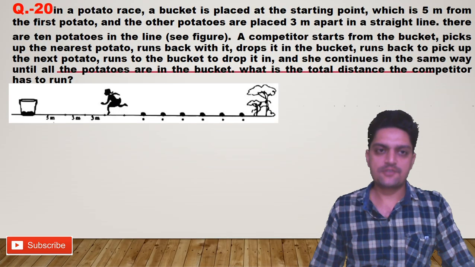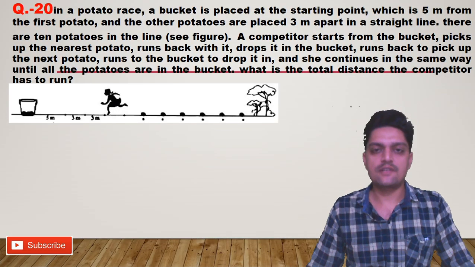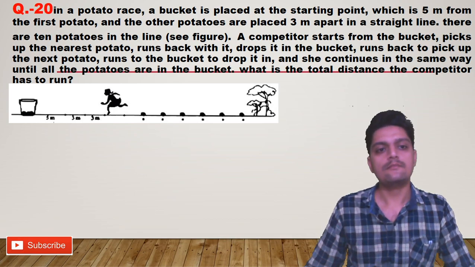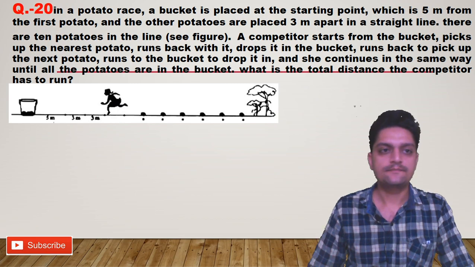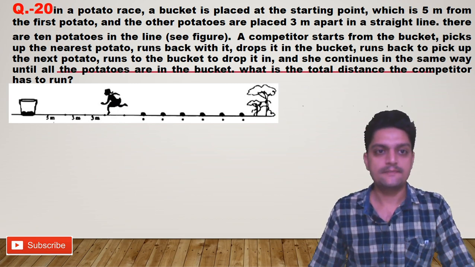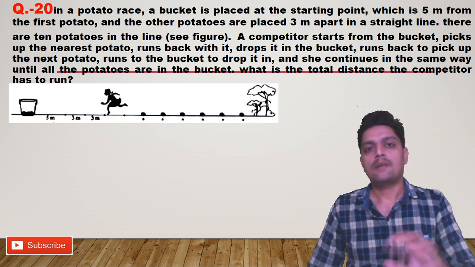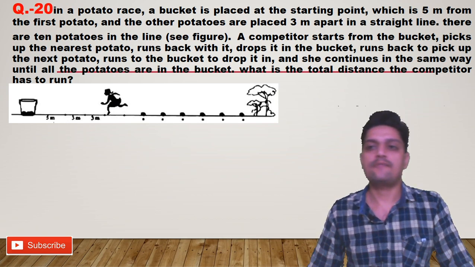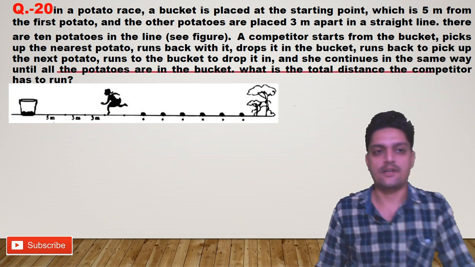This is the next question and the last question for our chapter, the 20th question. Here it is given: in a potato race, a bucket is placed at the starting point, which is 5 meter from the first potato.